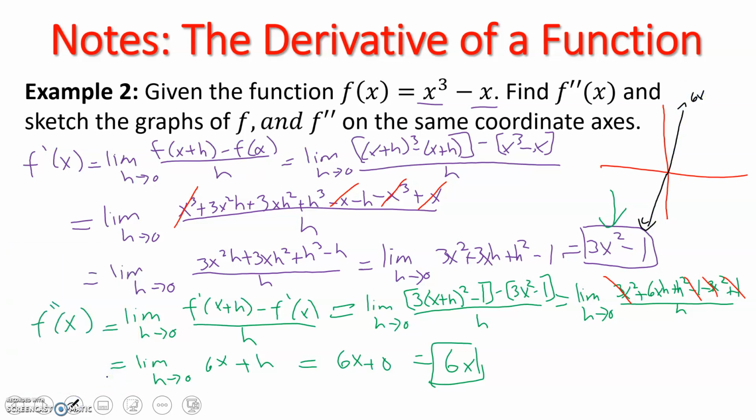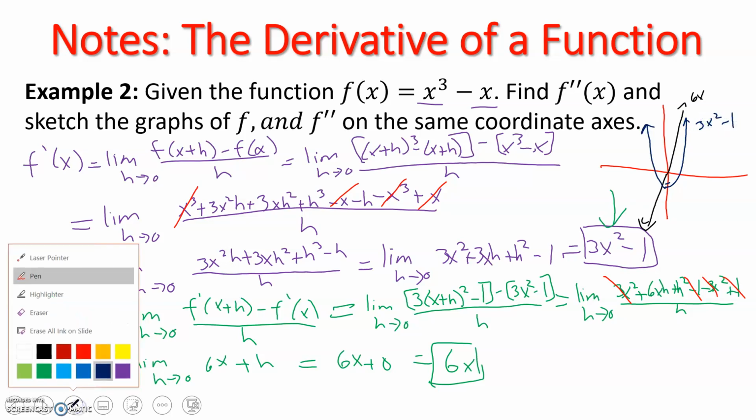Then we have our 3x squared minus 1. So that will start at, let's say this is negative 1. 3x squared is relatively steep. So something like that. And we're going to pretend these are more accurate than they actually are.